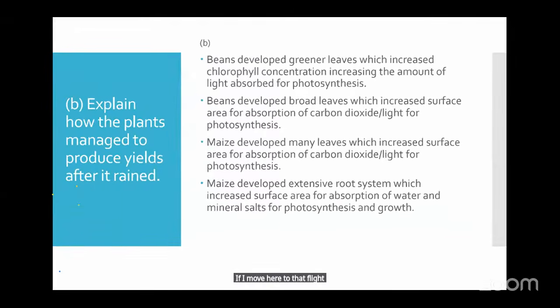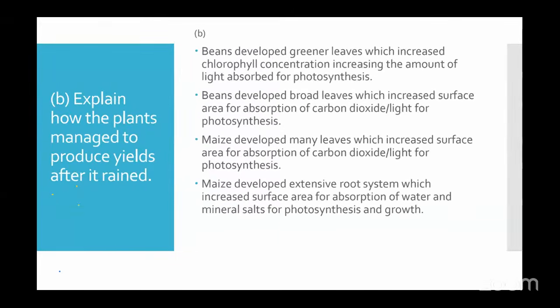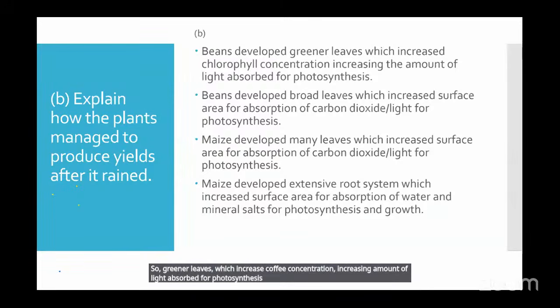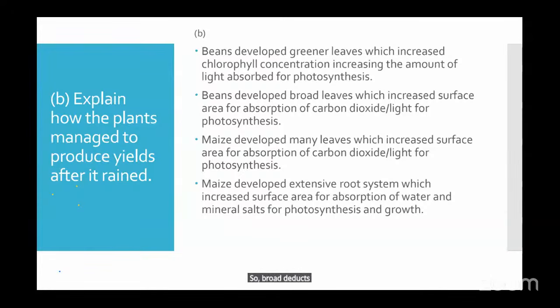If I move to that slide, greener leaves increase chlorophyll concentration, increasing the amount of light absorbed for photosynthesis. Broad leaves increase surface area for absorption.